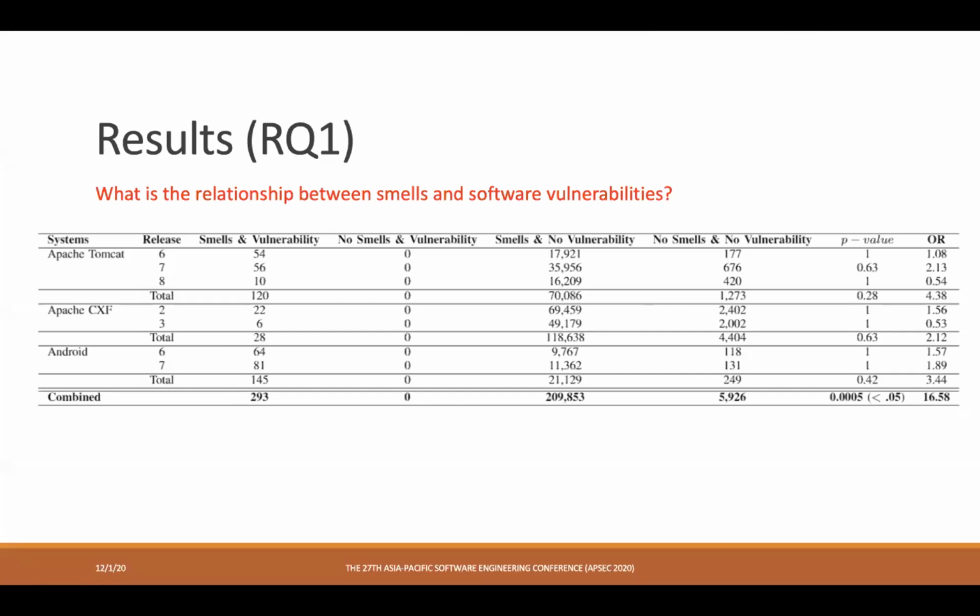So you mean in our table, in the first column where the smells and vulnerability are, you are indicating that column? Yes, compared to the number of the smells and the non-vulnerabilities. Yes, right. Thank you for the question. You know that vulnerability is very rare. The vulnerability data is very rare, and that's why we sometimes have difficulty finding vulnerabilities in different types of applications.